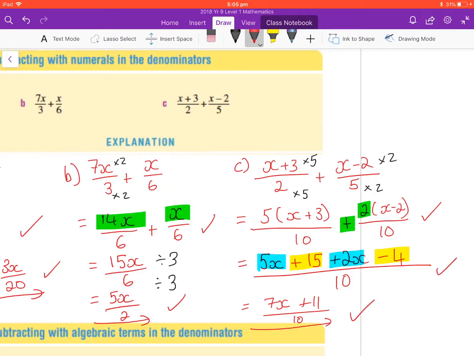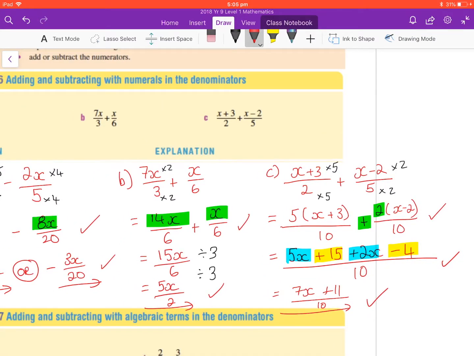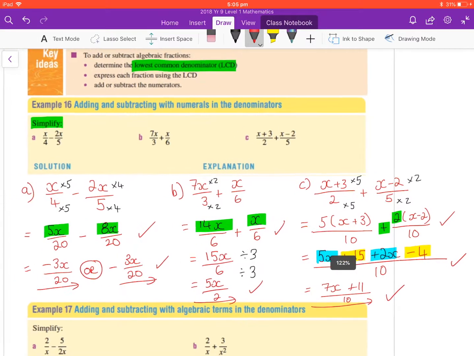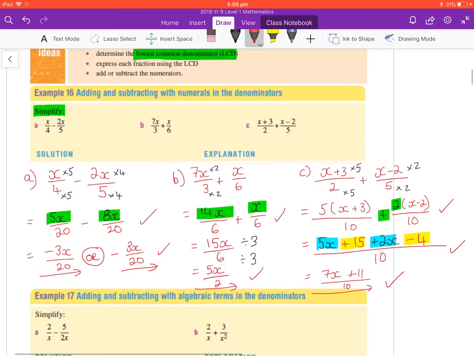It's probably a 3-mark question, as you can see by the level of working out. Hopefully this has been a little bit of a refresher for you with how we add and subtract fractions, but now I've just added the element of algebra.